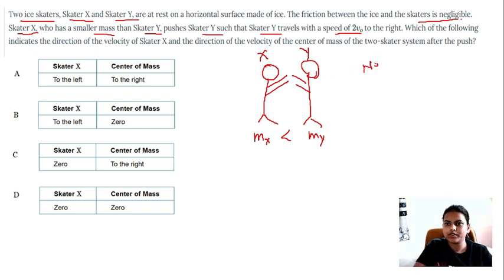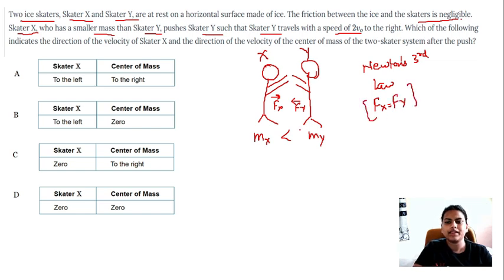Newton's third law: the force Y puts on X and the force X puts on Y are equal. So the force is equal, Fx is equal to Fy. Okay, so Y moves in this direction, with the velocity 2v0 to the right.